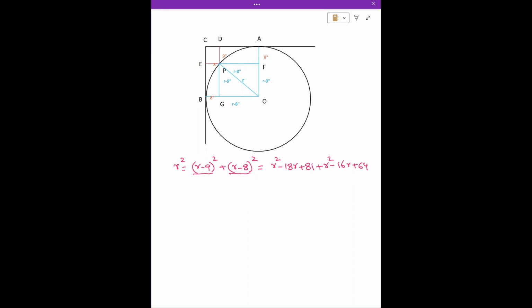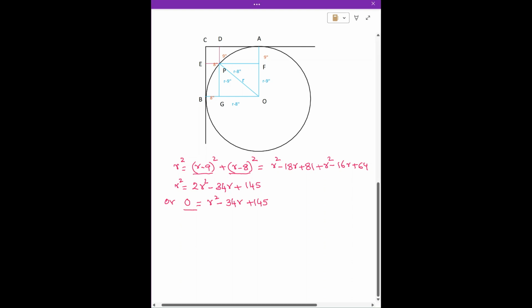Proceeding further, we get R squared is equal to 2R squared minus 34R plus 145, or 0 is equal to R squared minus 34R plus 145. In this step, we have just subtracted R squared from both sides of the equation.